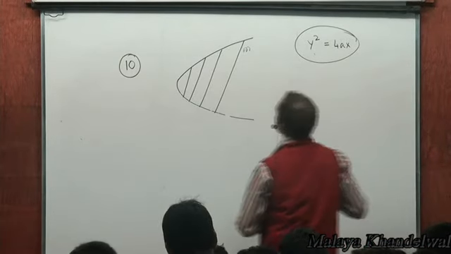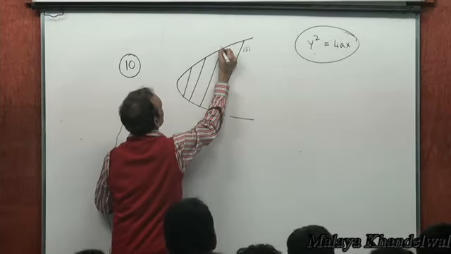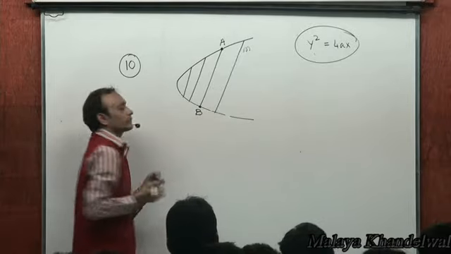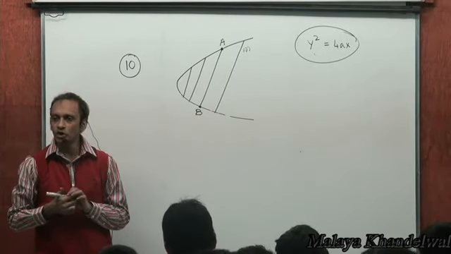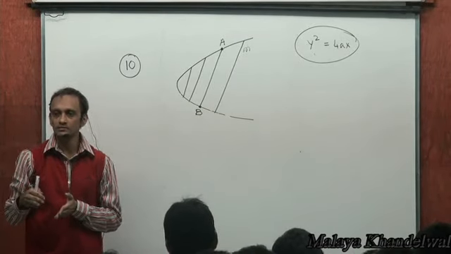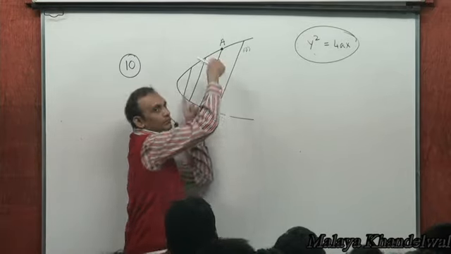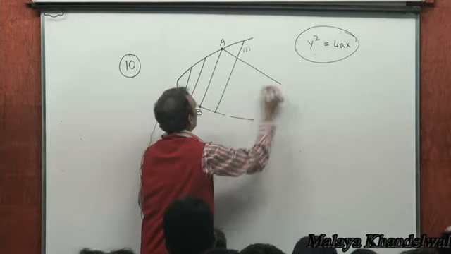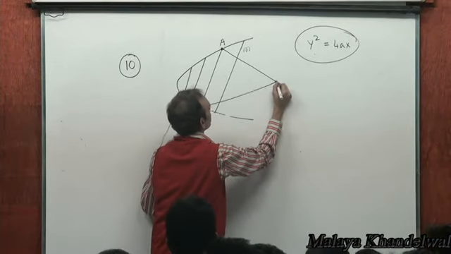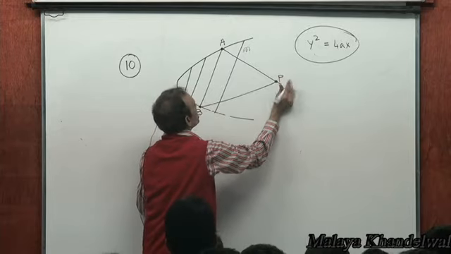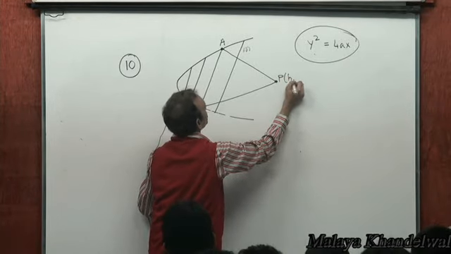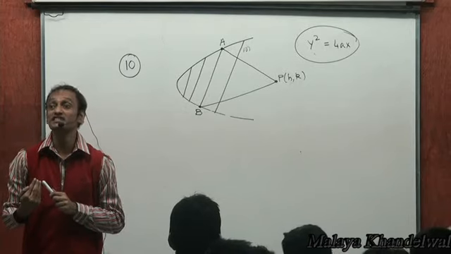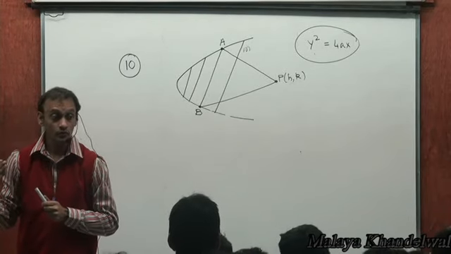What we do is, at the extremes of these chords, we draw normals. Say this is one sample chord, and I draw a normal at A and I draw a normal at B. Let's say these normals intersect at P, h comma k. We are seeking to investigate the locus of these P's.